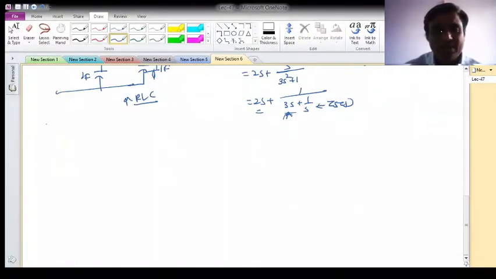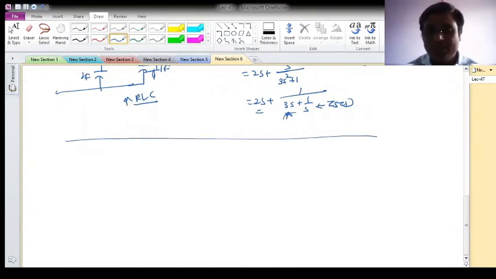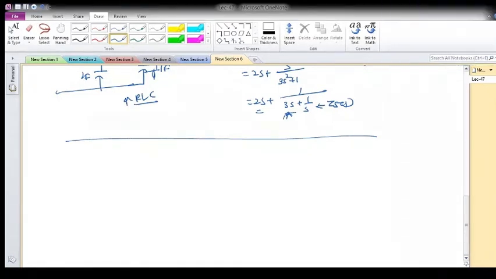Okay, so this way, this is basically the general synthesis procedure for the realization or for the synthesis. Now let us see the synthesis of one port networks with two kinds of elements.